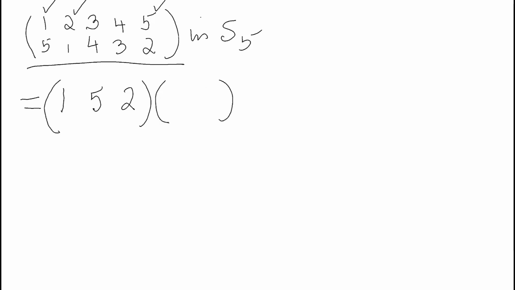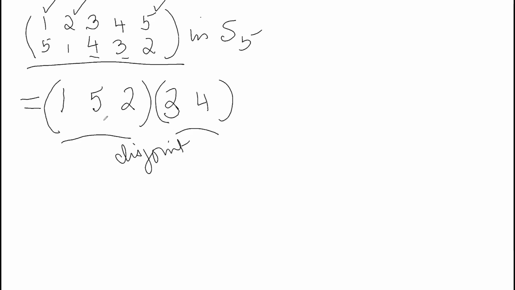And then we will start with 2. 2 goes to where? Oh, no, sorry, not 2. I apologize, 2 is already there. Let's say 3. 3 goes to 4, so we'll write a 4 here. And 4 is back to 3. So these guys are accounted for. So you can see that we wrote this as a product of disjoint cycles. Disjoint because they have nothing in common.